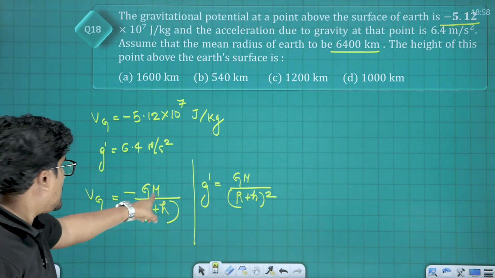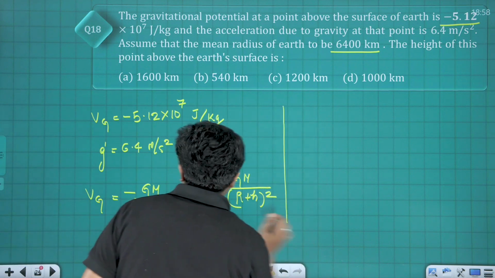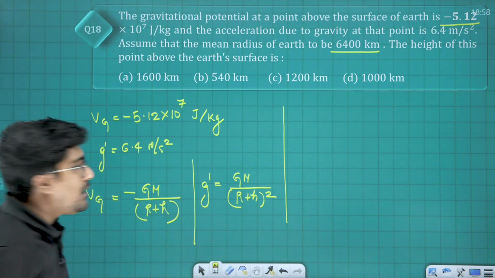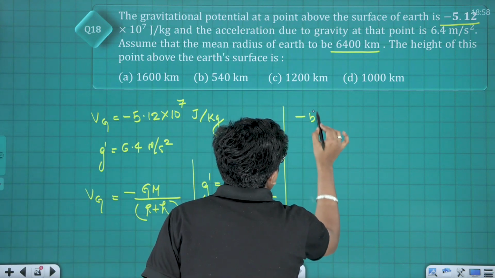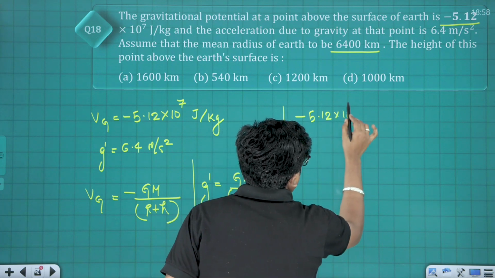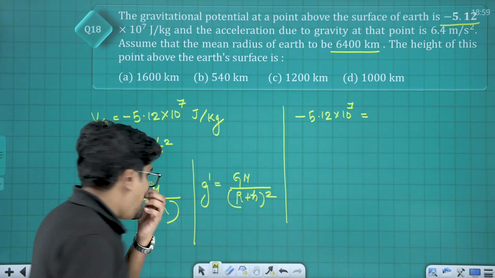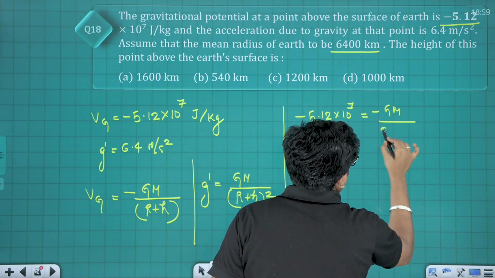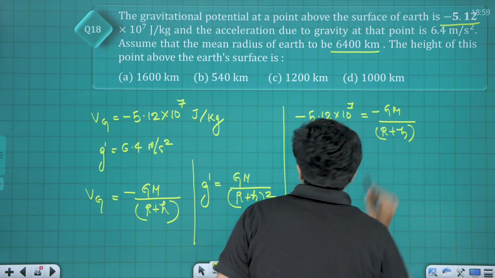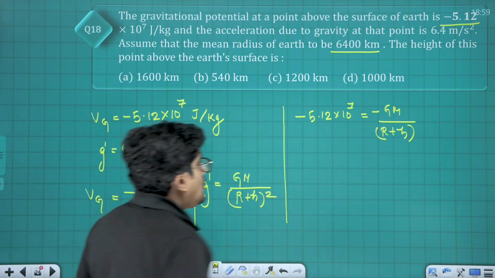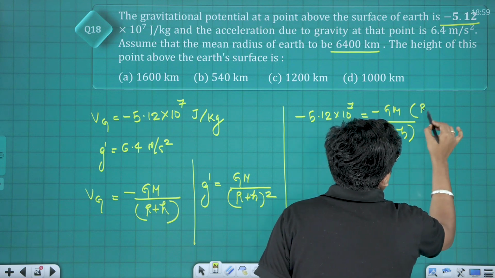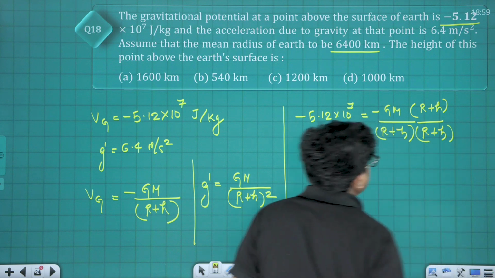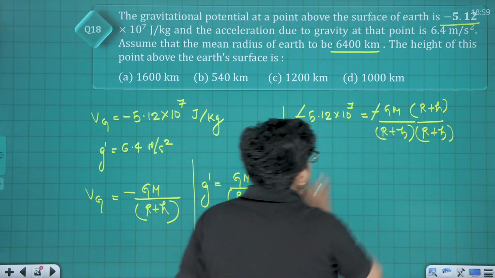Now, if I consider this particular equation, what is the value of V suffix G? V suffix G is given as minus 5.12. So minus 5.12 into 10 to the power 7 is equal to minus G into M all divided by R plus H. Now what I am going to do is multiply with R plus H and divide with R plus H, so this will cancel each other.